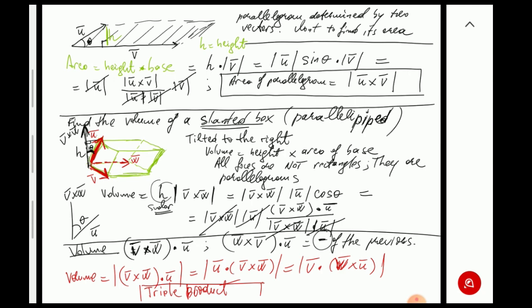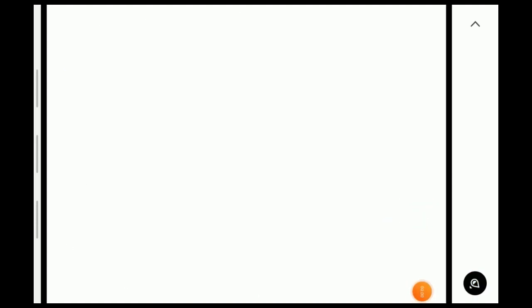Okay, so with that in mind, let's go over an example on the next page. Here's an example with the two formulas that we did before.